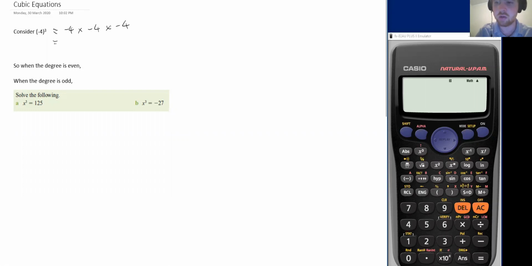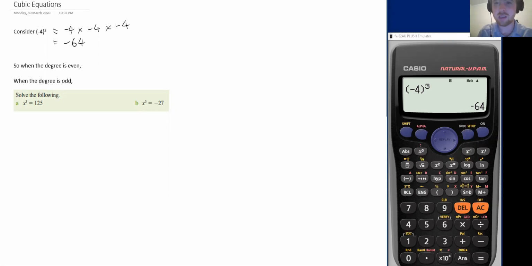Let's work out what that is going to be. So minus 4 to the power of 3 gives us minus 64. So you see here, when we have to the power of 3, we actually keep the minus there. This is different to when we're squaring, where if you square a negative number, it becomes positive. When you cube a negative number, it stays negative.